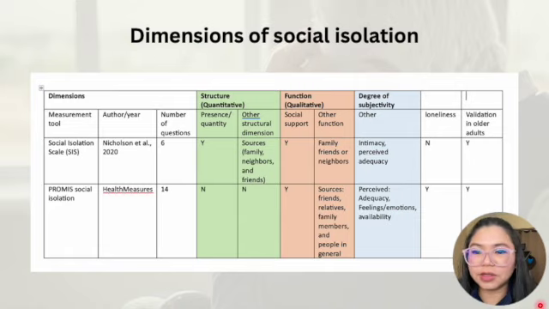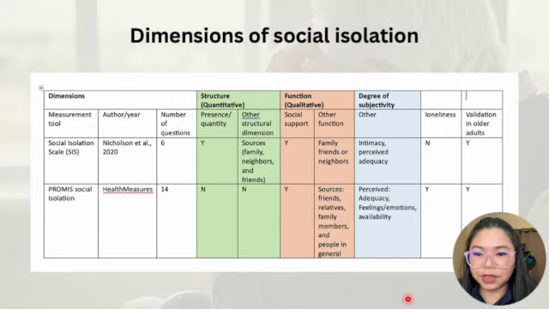So I created this table to compare SIS and PROMIS SI. SIS measures the structural or the quantitative aspects of social relationships, such as the density, duration, and dispersion of social relationships. On the other hand, the functional dimension represents qualitative aspects, for example, instrumental help, emotional support, or advice.